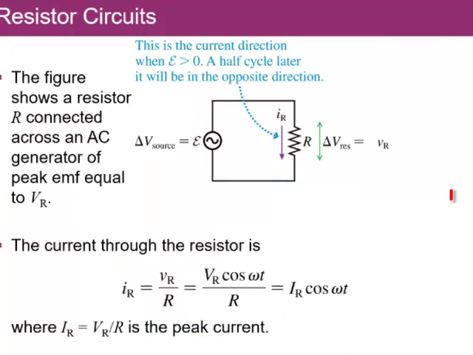Okay, so in the circuit, here's what it looks like. We have a source of EMF right here. That will be a cosine function. At the same time, there's a current running through the circuit, and we are interested in the voltage across the resistor. And so Ohm's law is still applicable here. We would look at the current as being the ratio of voltage over resistance.